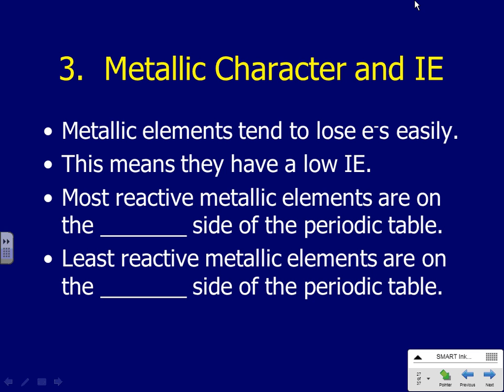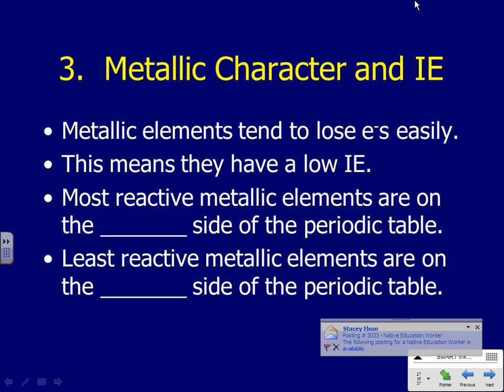Ionization energy describes how easy or hard it is to remove the outer electron. It has everything to do with electrostatic force. Metals tend to lose electrons. A good metal loses electrons very easily. So our good metals, metals that have good metallic properties, the properties of typical metals: they conduct heat well.